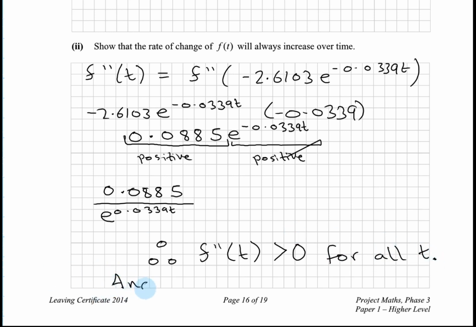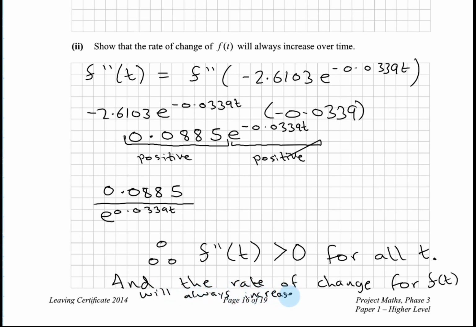And the rate of change for f of t will always increase. So that's 60 out of 60 marks for this question.